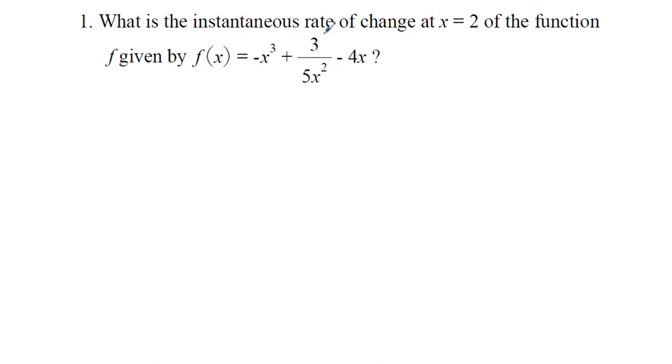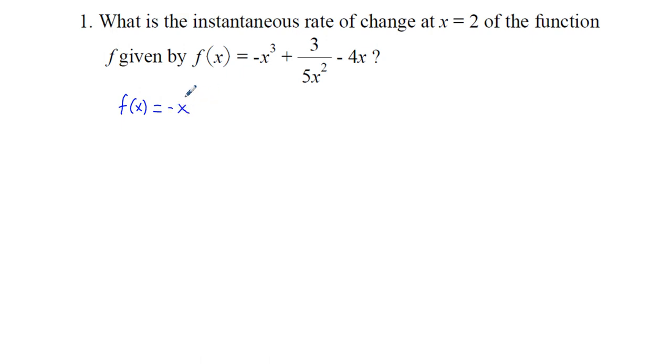1. What is the instantaneous rate of change at x equals 2 of the function f given by f of x equals negative x cubed plus 3 over 5x squared minus 4x? My first suggestion here is to go to what I call a calculus-friendly version of this function. So we're looking for rational powers.